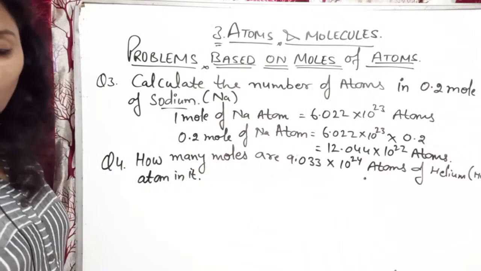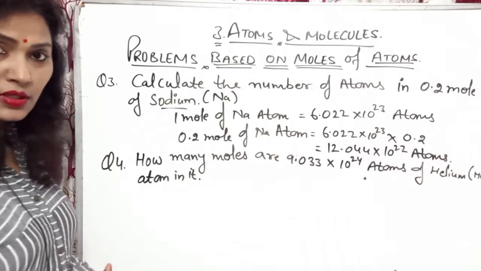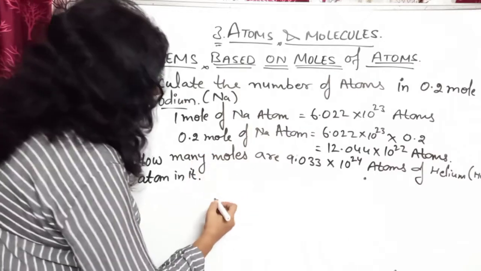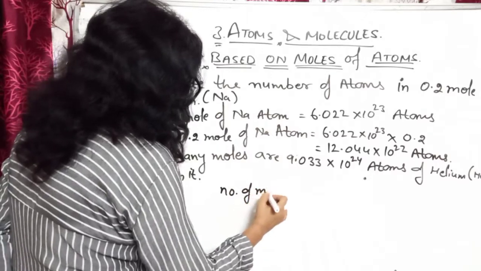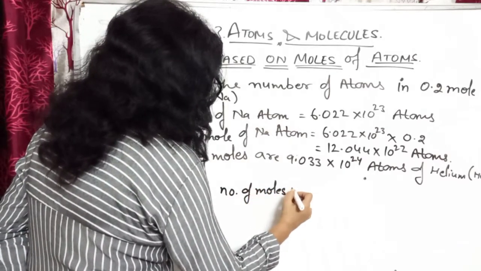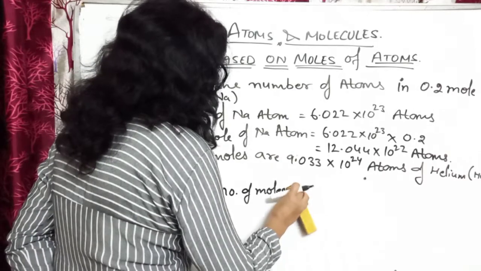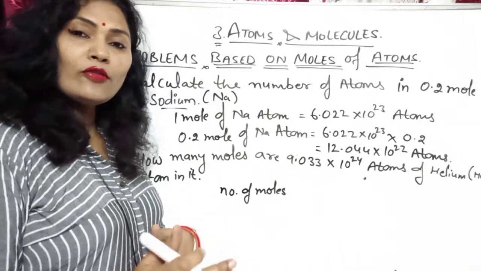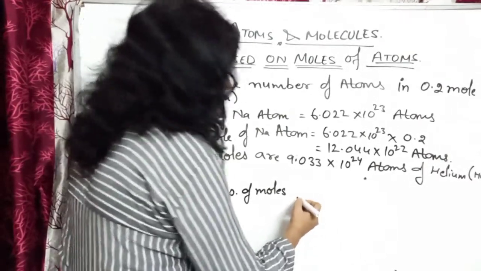You know that if you want to find the number of moles, the number of moles equals the given number of atoms upon Avogadro number. That formula I have told you.